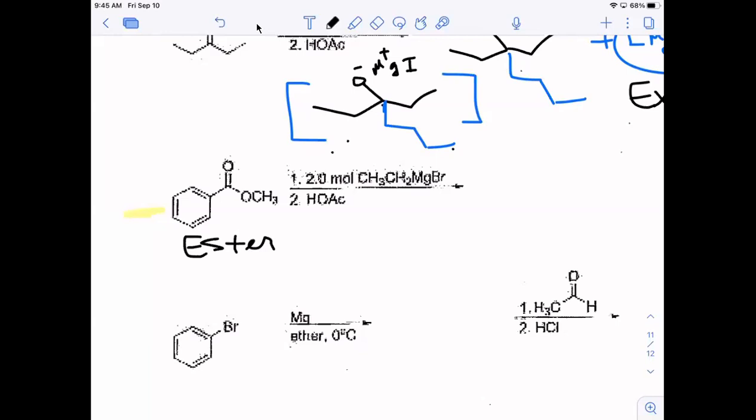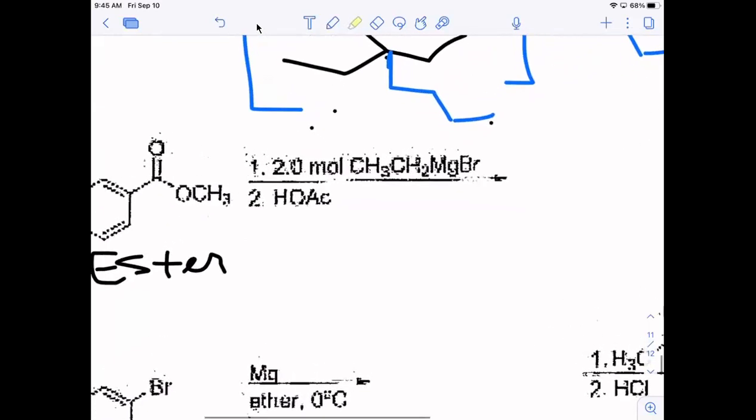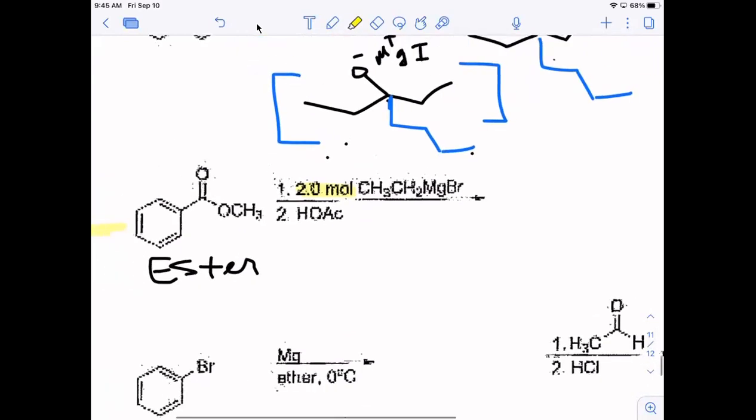All right, so notice the stoichiometry. I've got 2 moles of Grignard, and then I'm following that up with a quench with acetic acid. Without going through the mechanism, what is the product of this reaction?